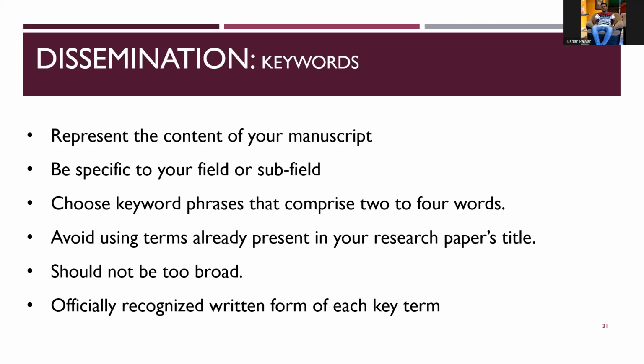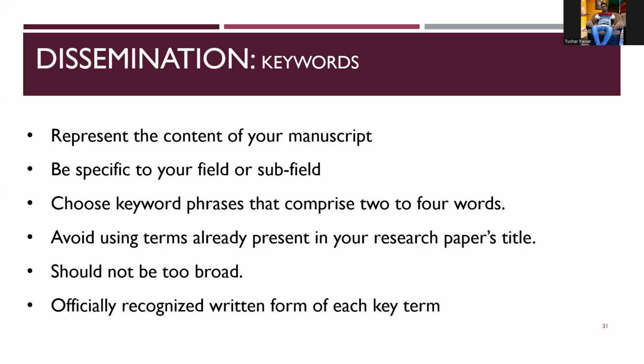Avoid the terms which are already used in the paper title. It is a very common mistake. If you do that, your paper will still be accepted, but for citation, it reduces the chances of visibility of your paper. Your paper should be seen by others, so it decreases the chance of visibility.